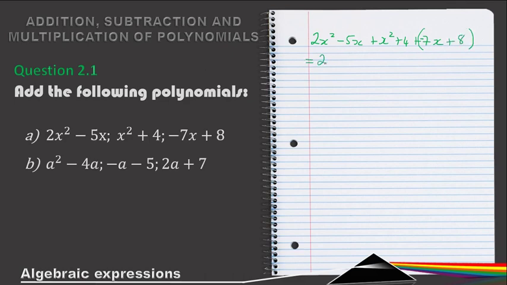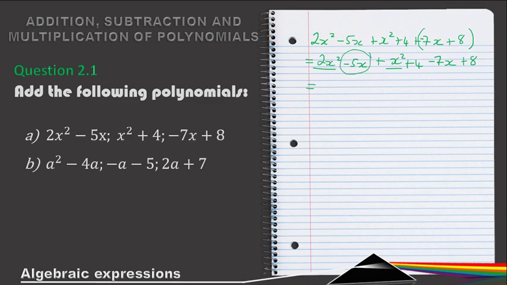Okay, so this is 2x squared minus 5x plus x squared plus 4 minus 7x plus 8. And this, and this is x squared.